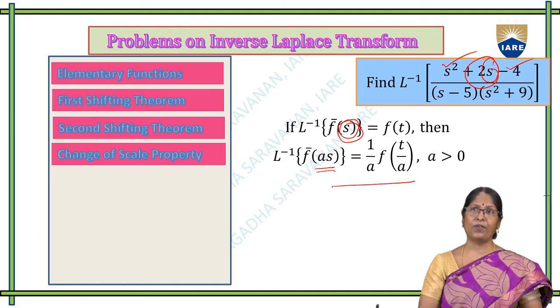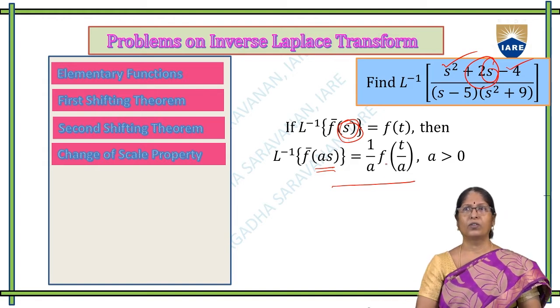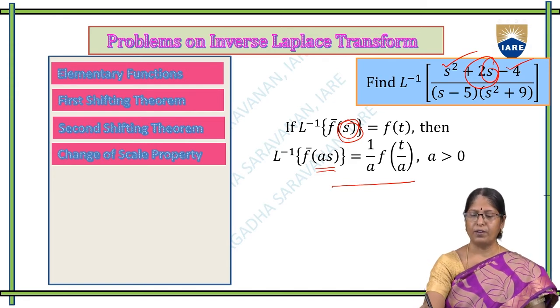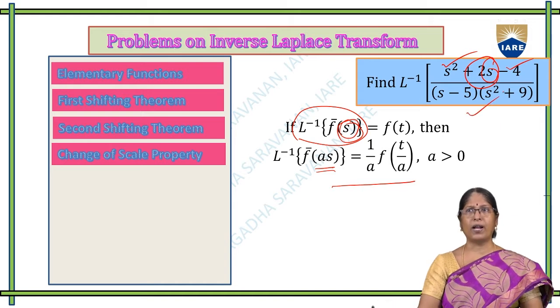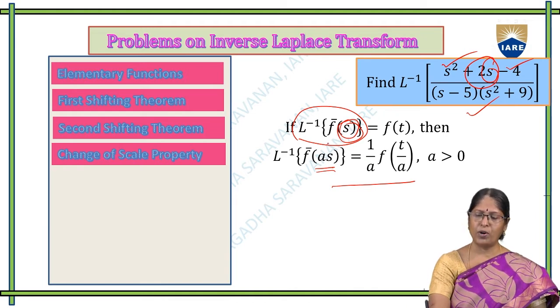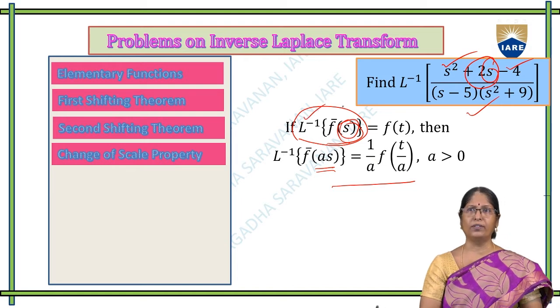If it satisfies, then we will write 1 by a. We will extract f of t, which is our aim. We will assume some part of the term or the complete term as f bar of s, for which we will find L inverse.